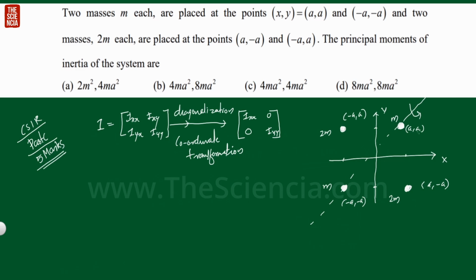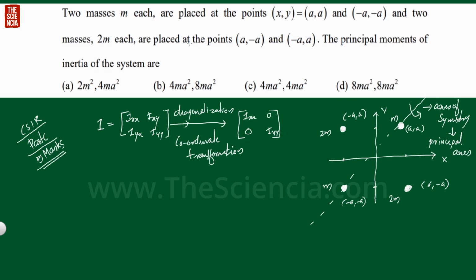Or I can say this axis is an axis of symmetry of my rigid body, and if there is an axis of symmetry, then that axis of symmetry will be a principal axis. I told you all these ideas, right? That will be the principal axis.